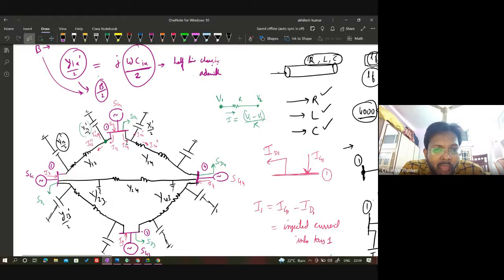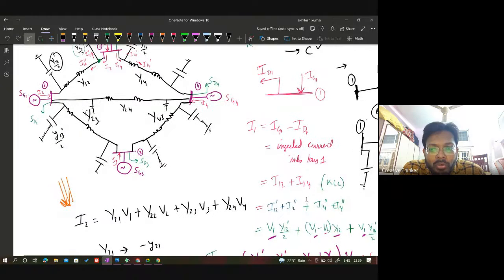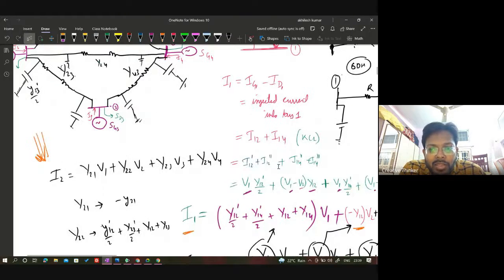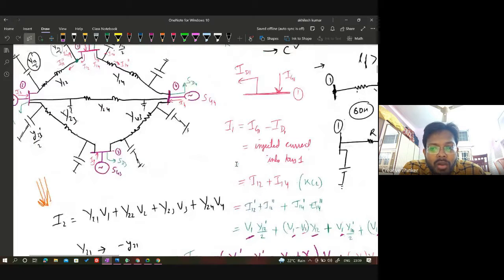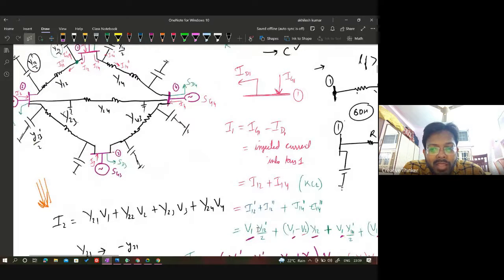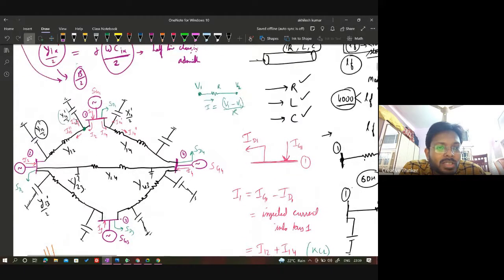Similarly, I14 I can write as I14 dash and I14 double dash. Putting all these values, I12 dash I can write in terms of the voltage at bus 1.